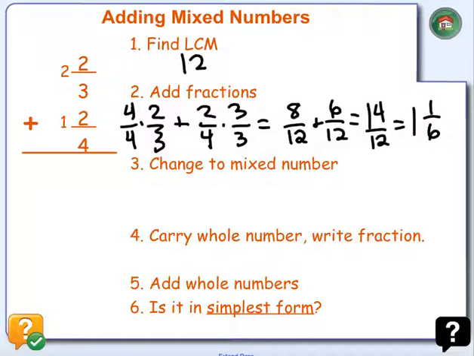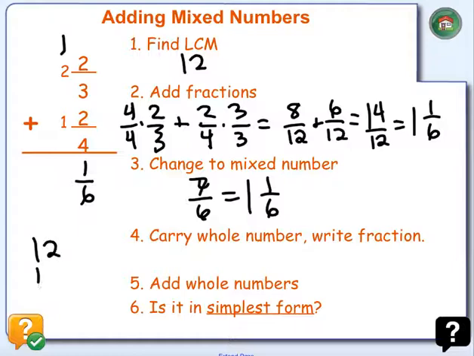And that's our third part. We changed that 14/12, or 7/6, to 1 and 1/6. Well, we write the fraction down below, 1/6, and we carry the 1, just like if we had something like 12 plus 19.